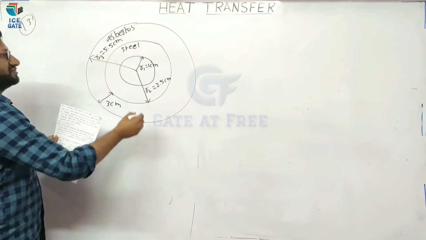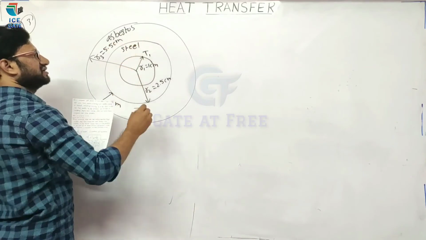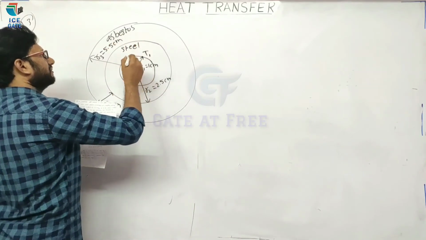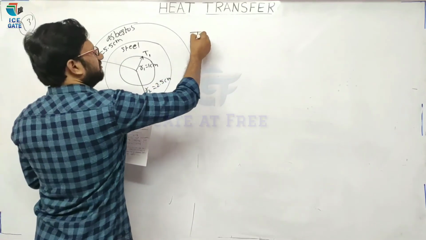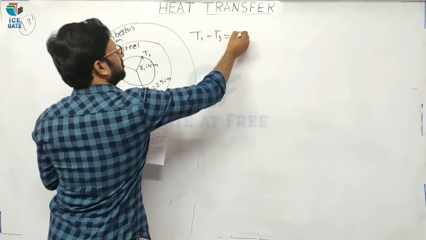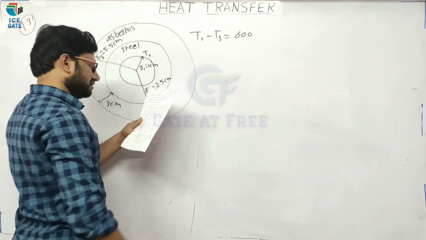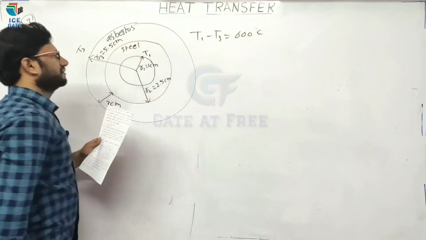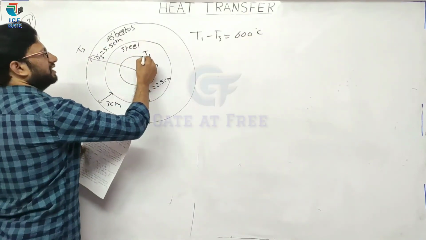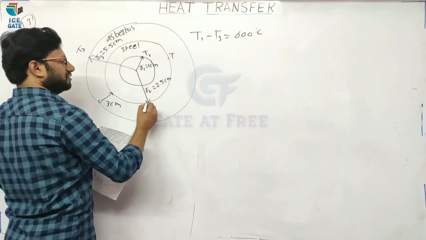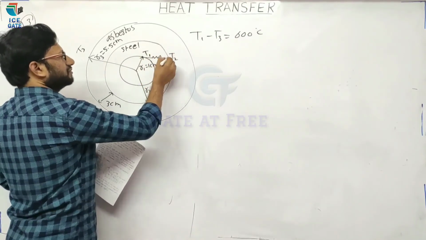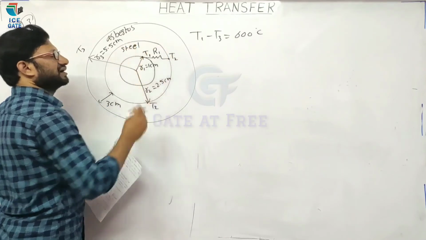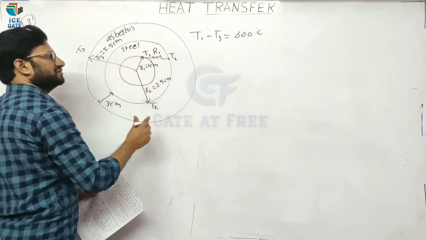Now the temperature difference between the innermost, say T1, and the outermost, T3: T1 minus T3 is equal to 600 degrees centigrade. From T1 to T2, at R2 the temperature is T2, the mode of resistance is conductive resistance because it is a solid object.